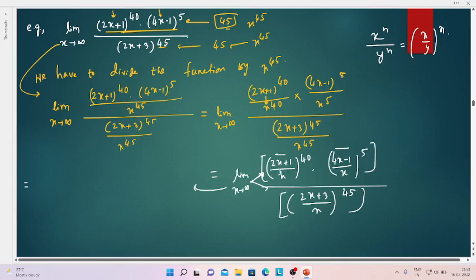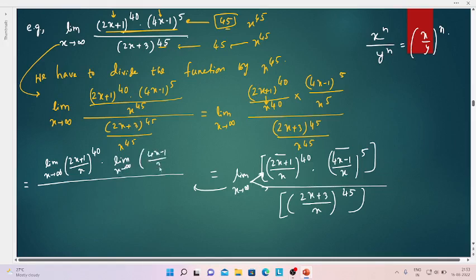So we can write the numerator as the limit as x tends to infinity of ((2x + 1) upon x)^40 times the limit as x tends to infinity of ((4x - 1) upon x)^5, and the denominator will become the limit as x tends to infinity of ((2x + 3) upon x)^45, right?